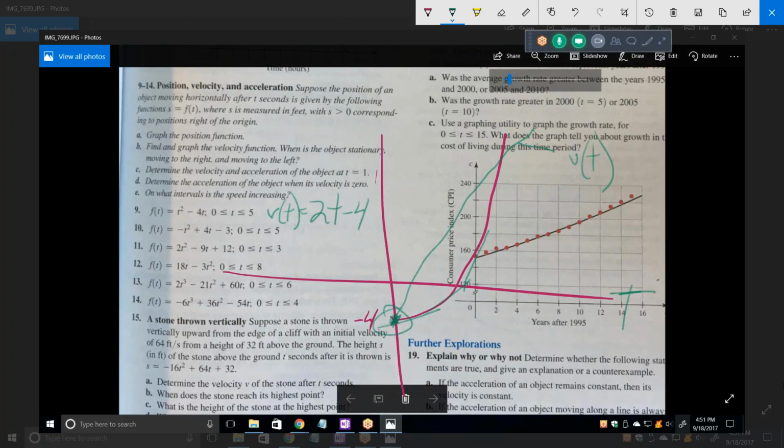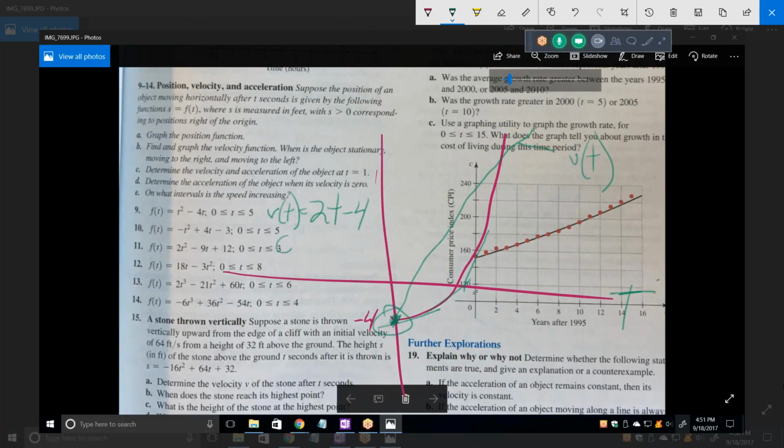So graph the velocity function. When is the object stationary? It would be stationary at time 2. Yeah, very good. In other words, whenever the velocity is 0, that's when it's stationary, right?